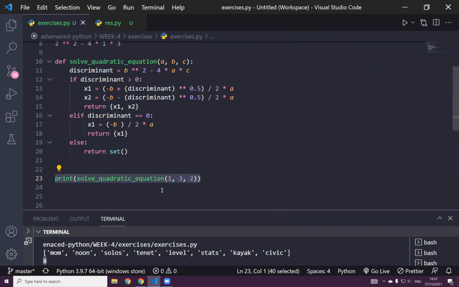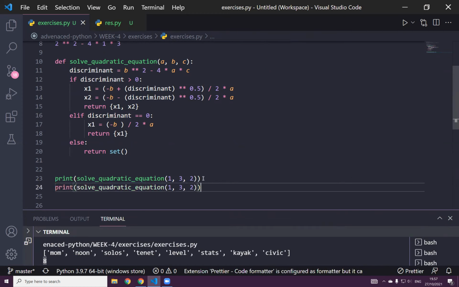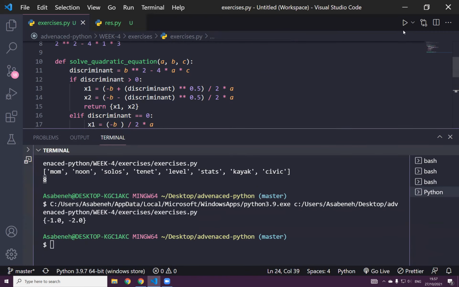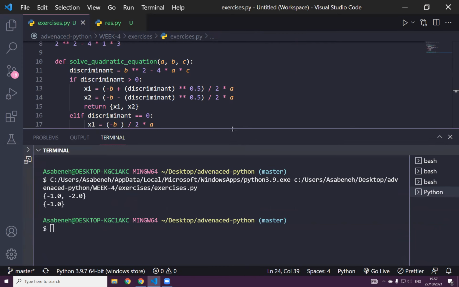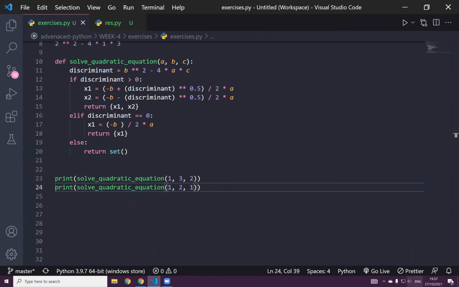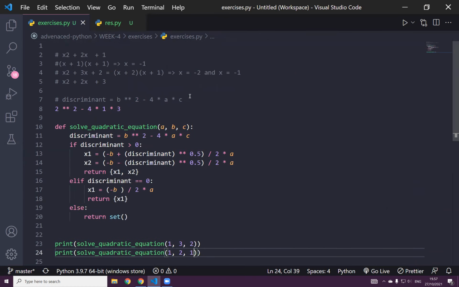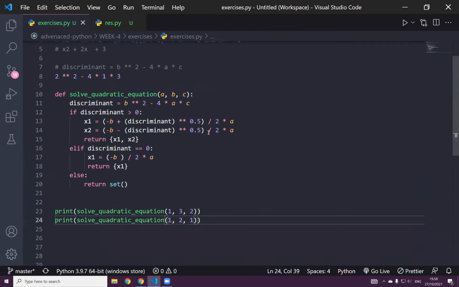And if you just check also 1, maybe here 2 and 1, I'm just expecting 1. Yeah, great. This is my solution for the quadratic equation. I hope you got it, how to solve it, and you got the idea. I think it could be written in a different way, but this is one simple solution.